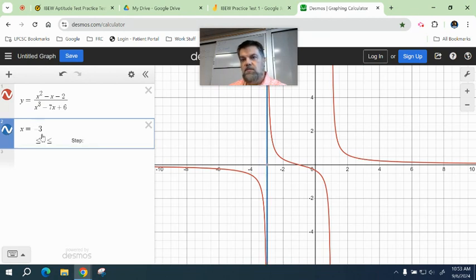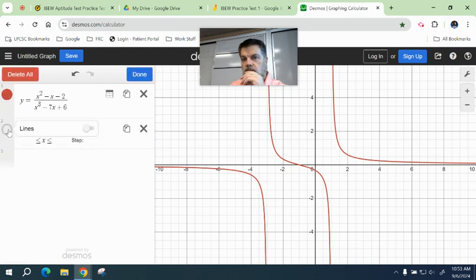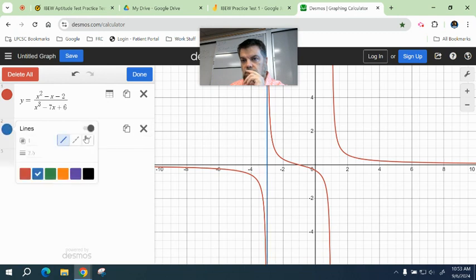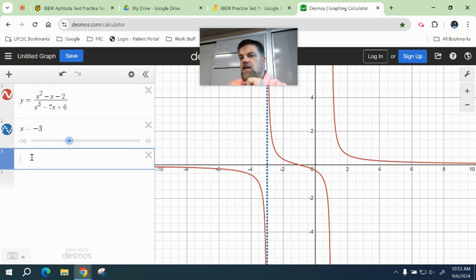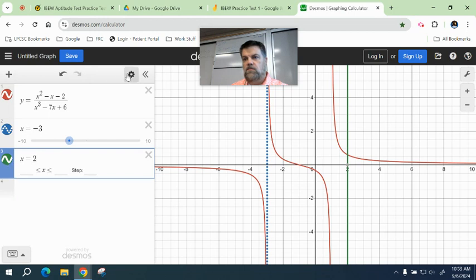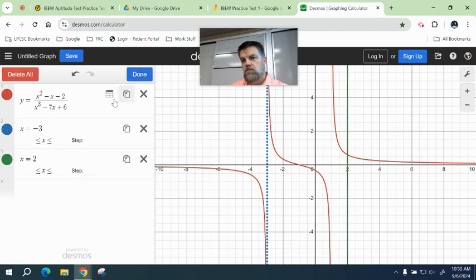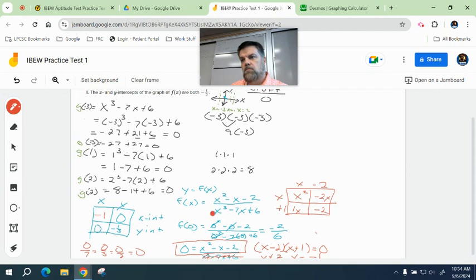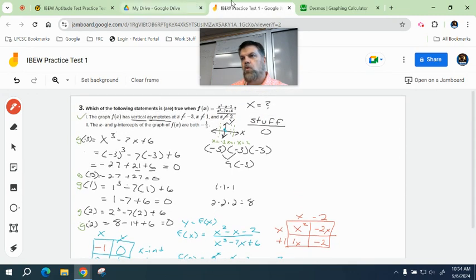Negative 3. Then they said that x also cannot equal 2, or 1.